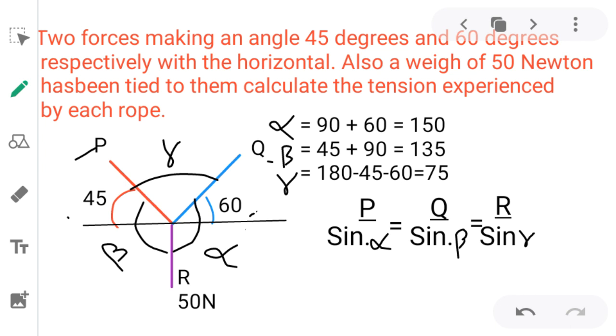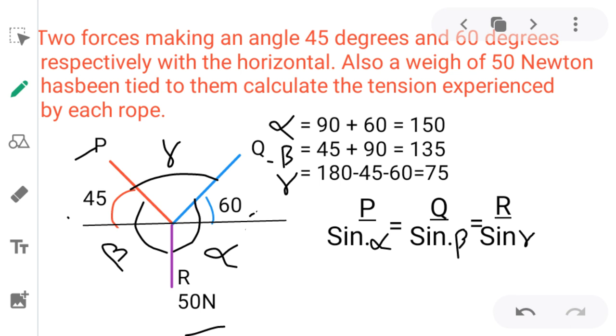Also, a weight of 50 Newton has been tied to them. Calculate the tension experienced by each rope.